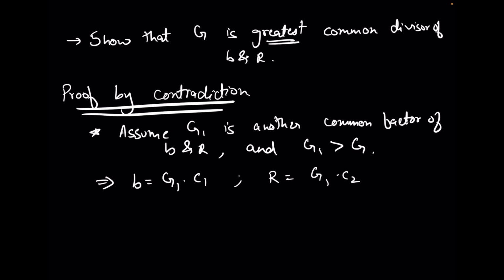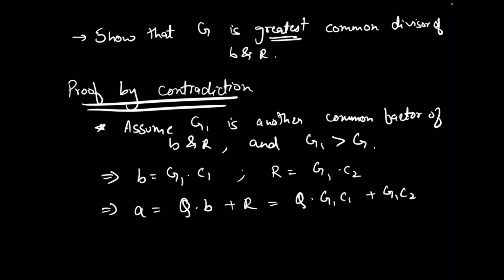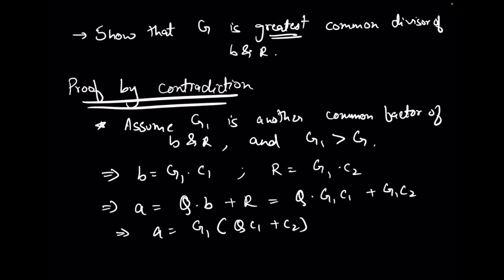Now, if we write B and R like this, and we know that A is equal to Q into B plus R, then we can write A as Q into G1 C1 plus G1 C2. Now, if we take G1 common from both these terms, we can write A like this. This means that G1 is actually a factor of A.